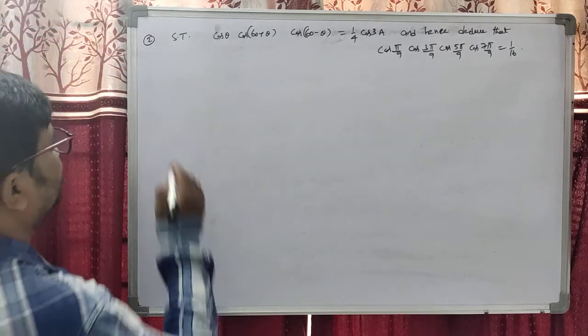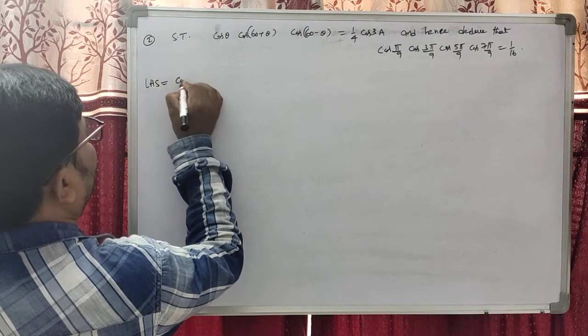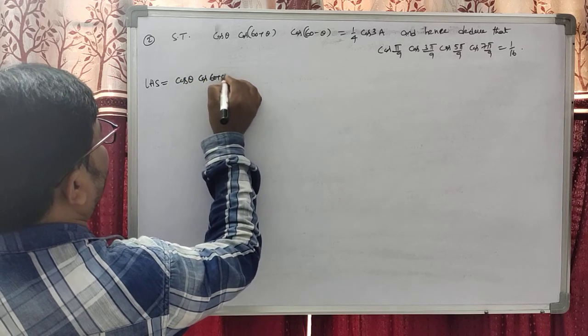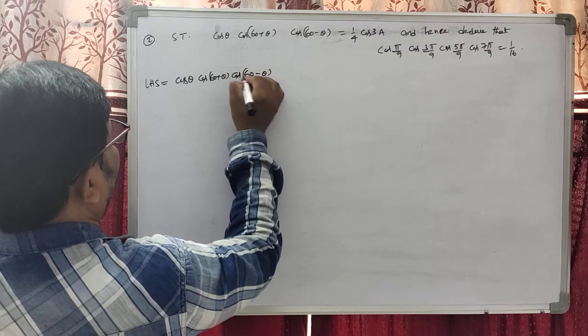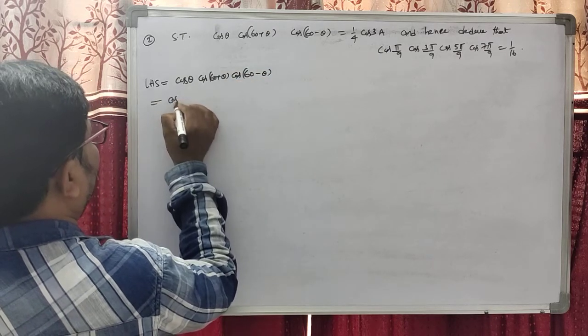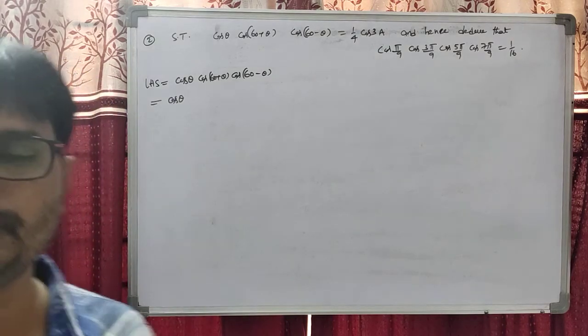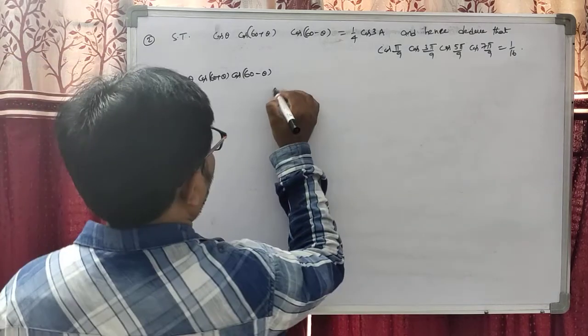So students, now the left hand side is cos theta, cos of 60 plus theta, cos of 60 minus theta. Therefore, students, cos a plus b into cos a minus b. What is it, students?